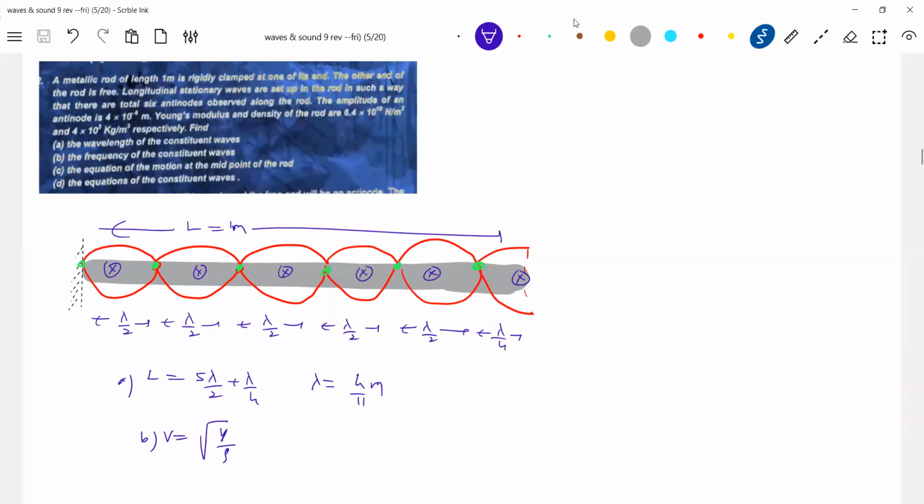No correction for solids or liquids. Very important. Substituting, we get this. So the frequency of the wave, F equals V by lambda. And the equation of the motion at the midpoint of the rod.